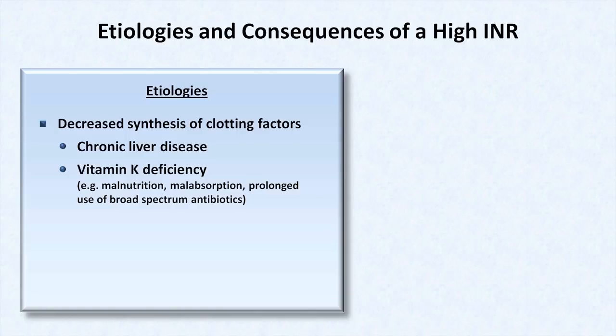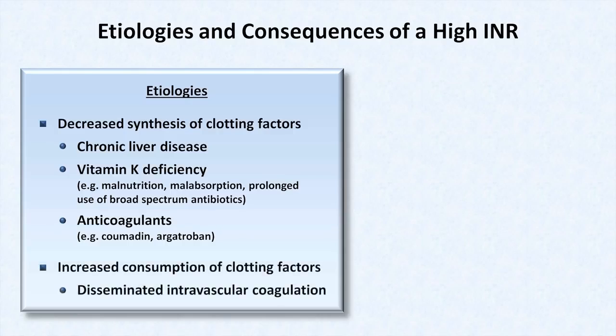Causes of vitamin K deficiency include general malnutrition, fat malabsorption, and prolonged use of broad-spectrum antibiotics, as these can kill normal gut flora responsible for producing vitamin K. In addition, anticoagulants, specifically Coumadin and argatroban, can affect the INR. And finally, in addition to decreased synthesis of clotting factors, an increased consumption of clotting factors, as seen in DIC, can also lead to a high INR.